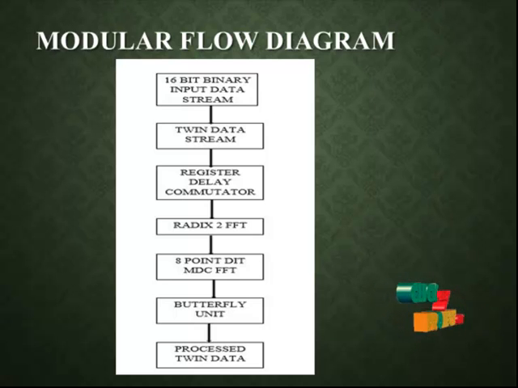Initially, the values are being bit reversed and they are stored in the register delay commutator. In the butterfly unit, the bit reversed values are again bit reversed and they are produced as the natural output data. This natural output data is the required processed twin data stream. Hence, in our product, we have used less number of registers and we have acquired high throughput.